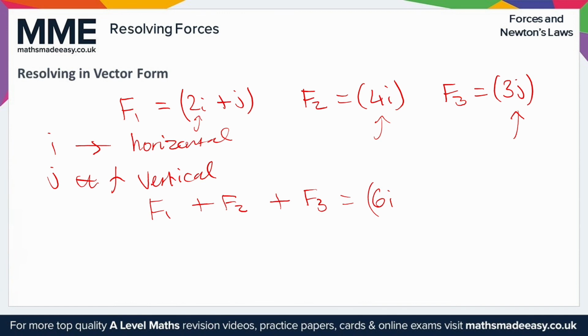Work out the respective j components. We've got 1j here, no j's here, and 3 more here. So 1 plus 3 would be 4j. Okay, so the resultant force of all these acting on a certain particle, if they're all going in the same direction, that is, then would be 6i, so 6 newtons in the horizontal direction or the x direction, and 4 newtons in the vertical direction or the y direction.